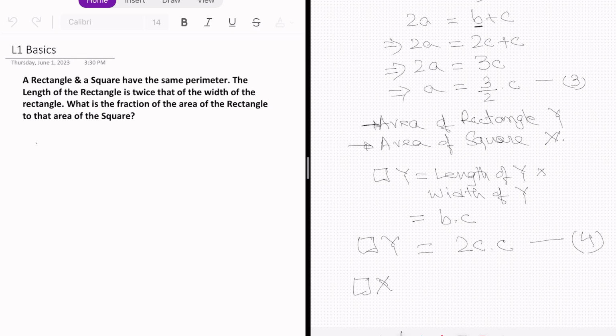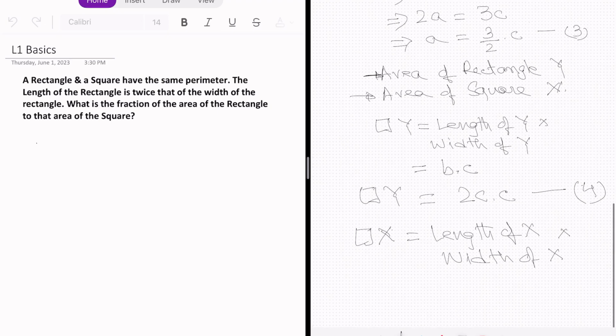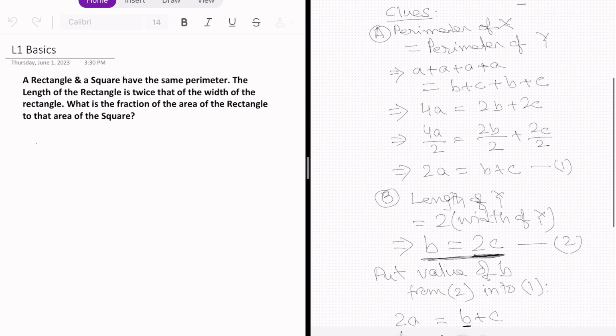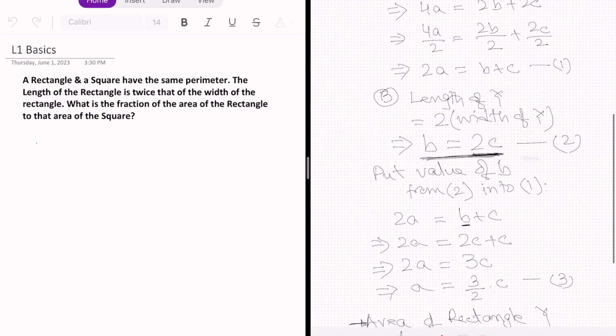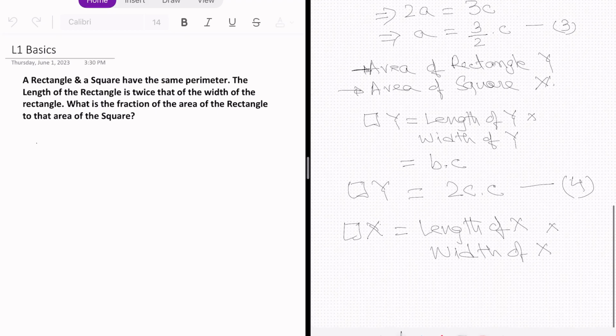Now let's look at the area of the square. Area of square x is equal to the length of x multiplied by the width of x. Since it's a square, the length and the width are the same, and we have said that they are a.